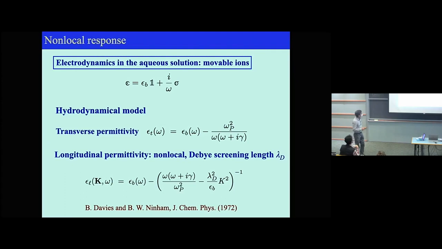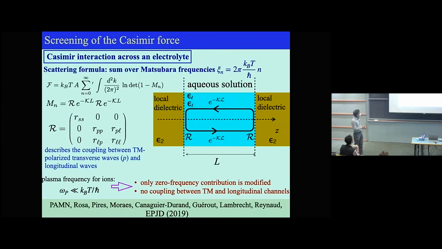So with that, we can now consider the standard configuration with, let's say, to begin with, parallel planar interfaces between a local dielectric and my water solution, which is non-local, right? There are ions here.